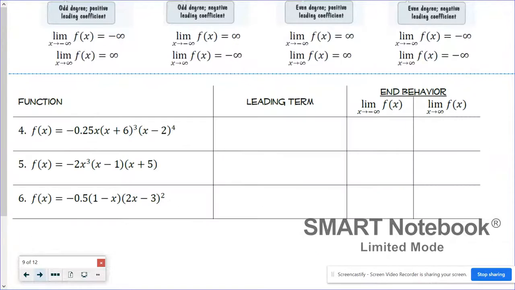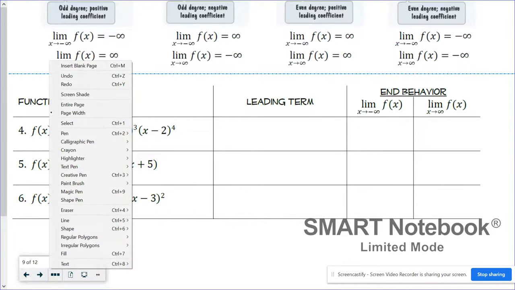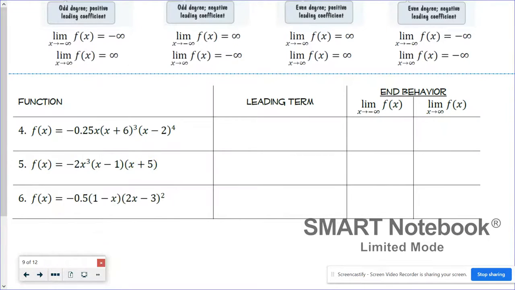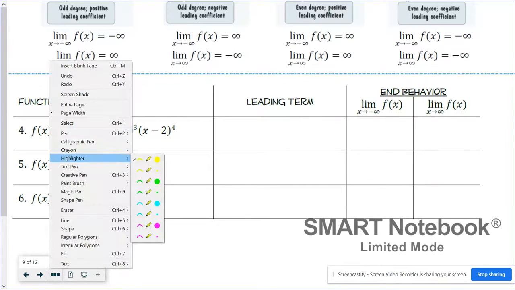So when polynomials are written in factored form, we need to think, what is the leading term of each factor? Okay, so looking at number 4, the leading term of one of my factors is negative 0.25x.